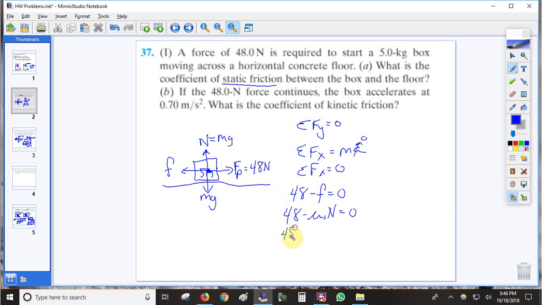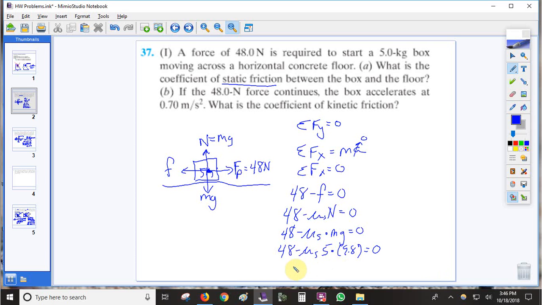So I can write 48 minus mu sub s times mg equals 0. M is the mass, which is 5 kilograms. G is gravity, which is 9.8 meters per second squared. And now I can solve this equation.